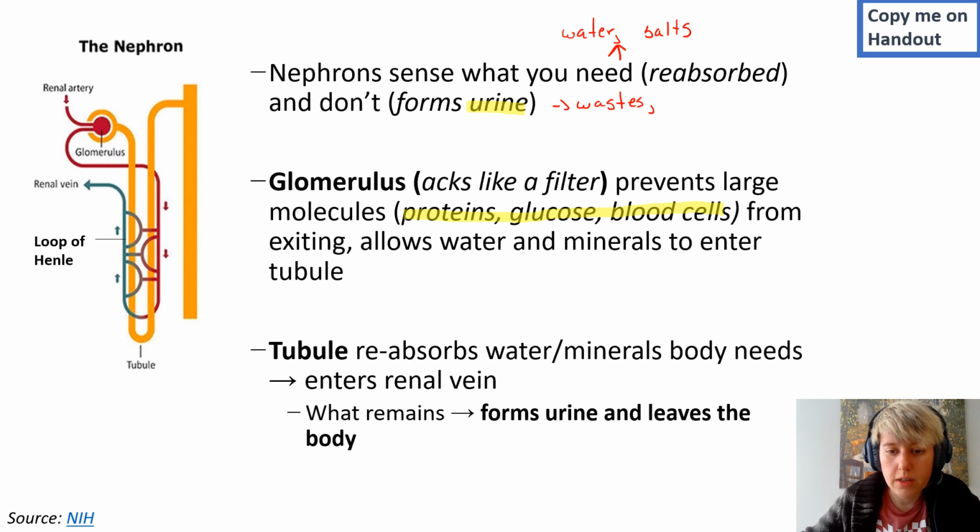And the tubule is where reabsorption happens. So anything that gets reabsorbed and goes through the bloodstream is your renal vein, which is your purified blood. And anything that remains in your tubule is basically your urine.